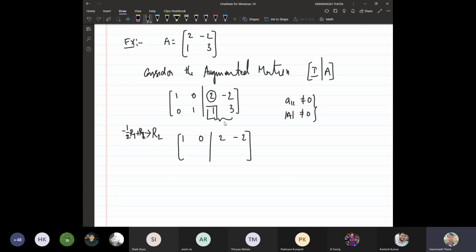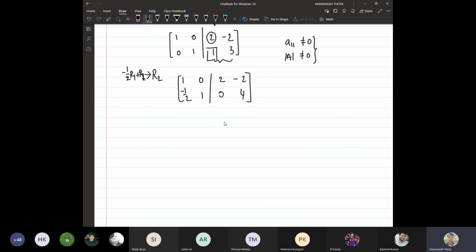The first row is not affected. But the second row is replaced by minus 1 by 2 times the first row plus R2. So here, minus 1 by 2 times 2 is minus 1, and plus 1, here you will get 0. Minus 1 by 2 times minus 2 is plus 1, so you will get 4.